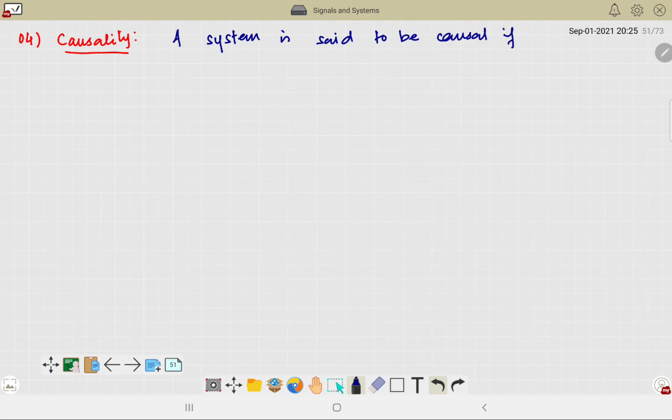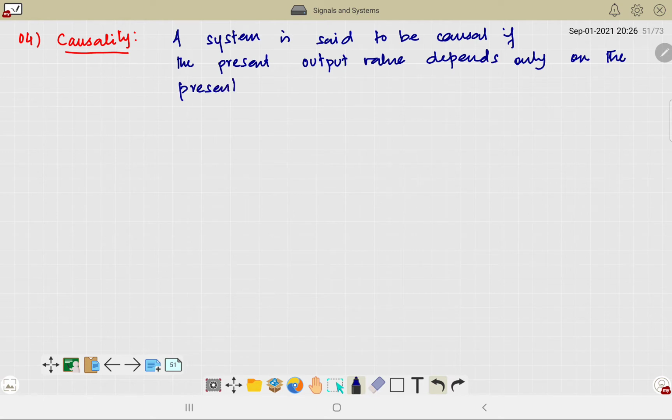A causal system is one where the present output value depends only on the present and or past values of the input signal. Fine. It has no dependency whatsoever on the future samples.